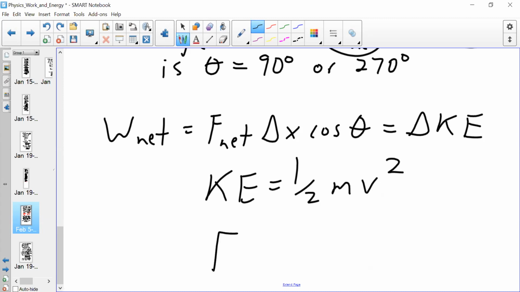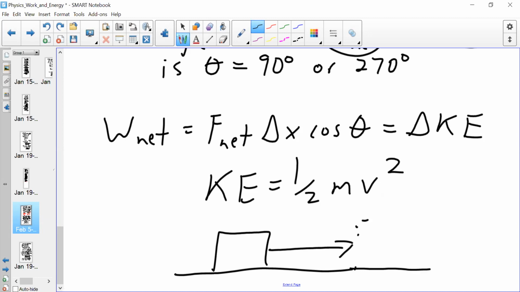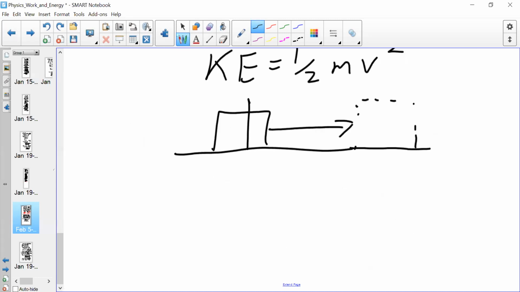So I have my box and it's sitting there at rest. Let's say the position is 0, everything's 0. And then I apply a net force to move it over to the right. And then I'll just do the dotted box to indicate a new position. So let's say I have here x is equal to 0 and my initial velocity is 0.